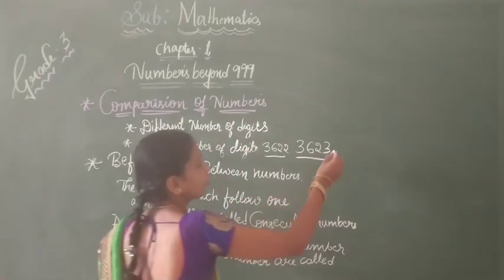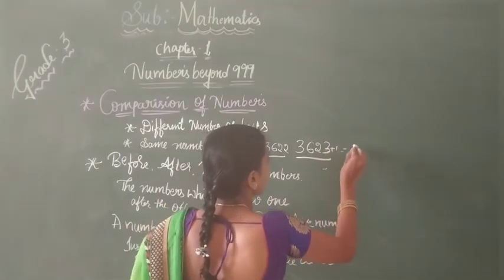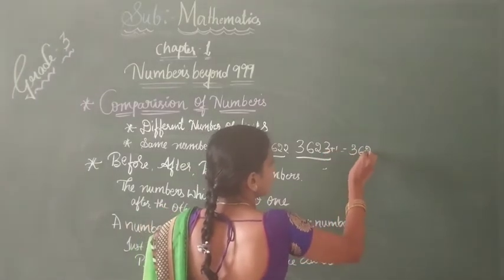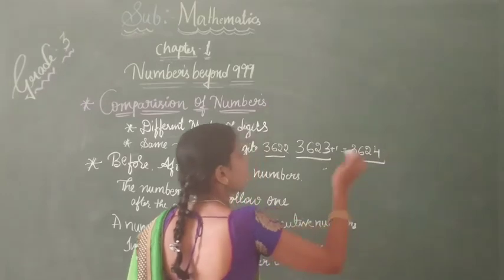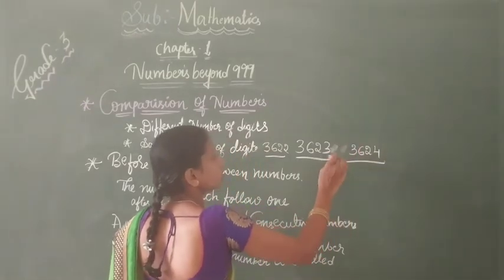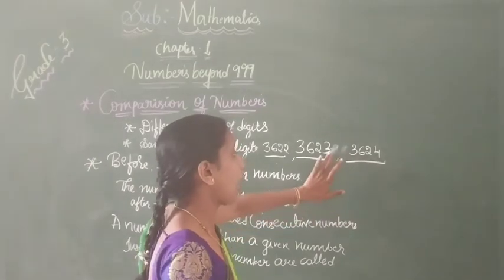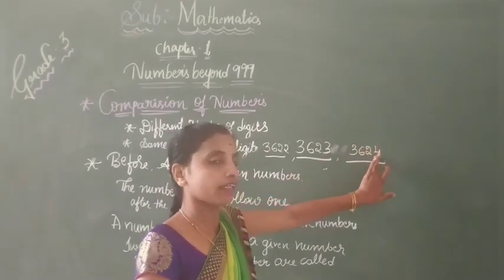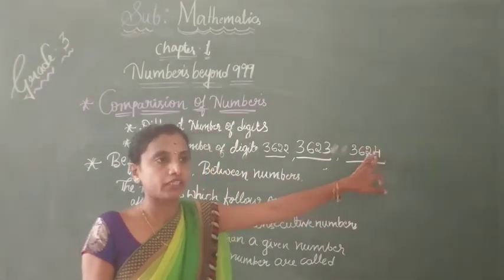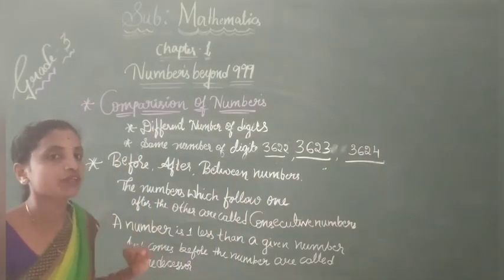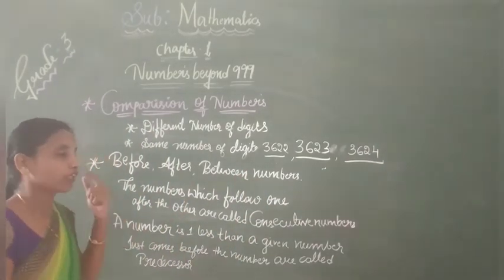Here look, we have to add one to the number. What we get is the successor. 3624. What is it? Successor. Because we added one and got the after number. Is it? Any doubts? Clear? What is consecutive?